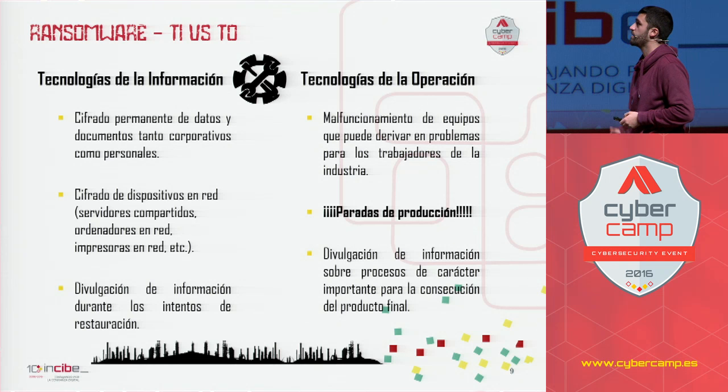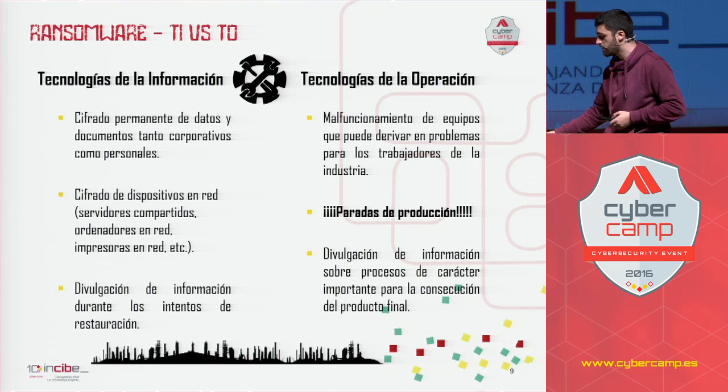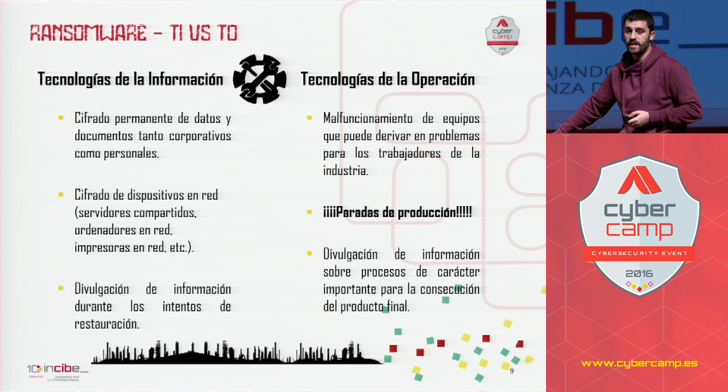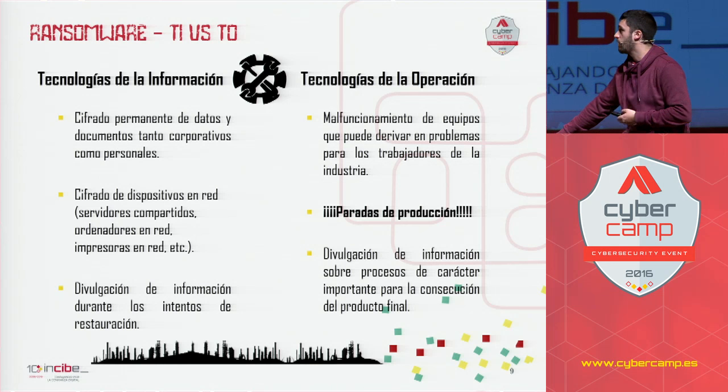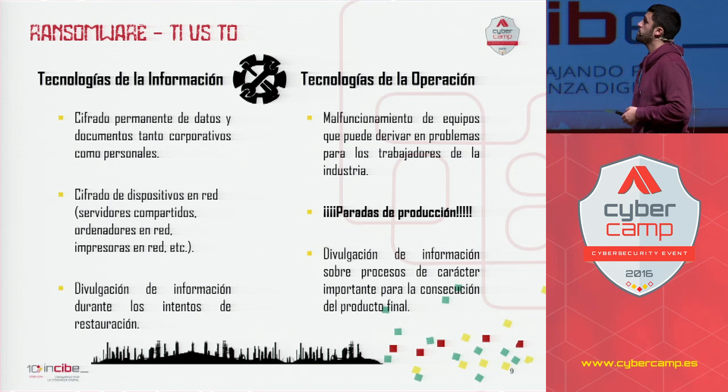So this means network device encryption, printers and corporate systems, and dissemination of information in restoring attempts. Now we refer to content that is deciphered, that content is revealed or released or some other kind of malfeasance or attack.